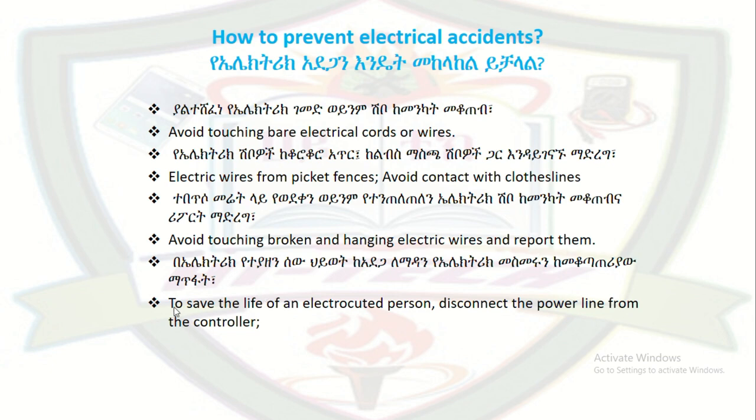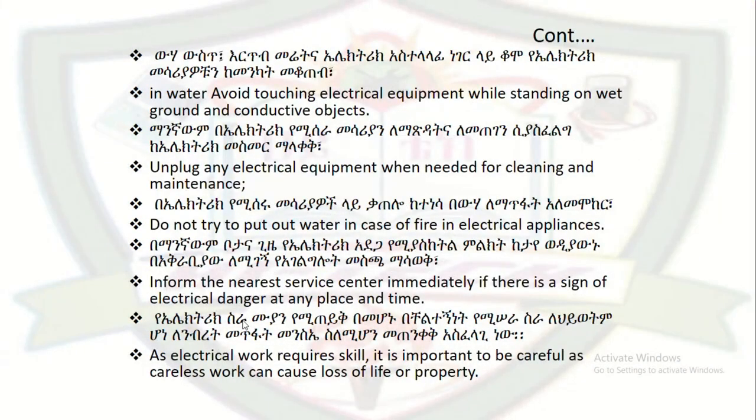The other one is to save the life of an electrocuted person: disconnect the power line from the controller. The other one: avoid touching electrical equipment while standing on wet ground or conductive objects. Unplug any electrical equipment when needed for cleaning and maintenance.